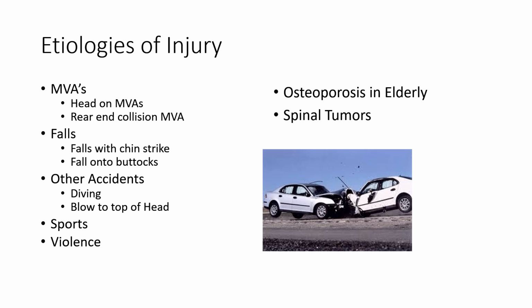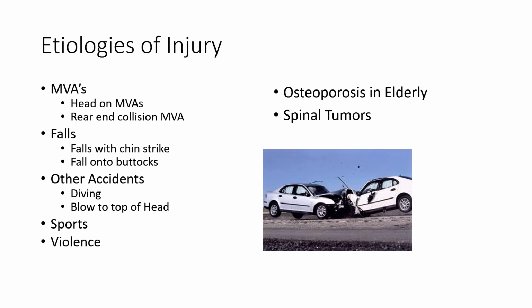This is just some more elaboration on the types of injuries that can cause spinal cord trauma. We know that motor vehicle accidents, especially head-on and rear-end collisions, falls, especially if a patient strikes their chin or falls onto their buttocks.